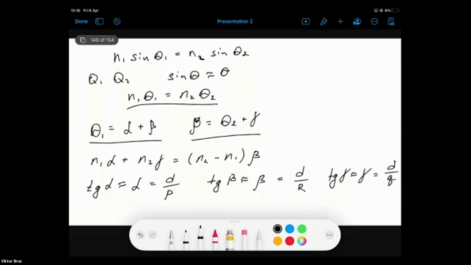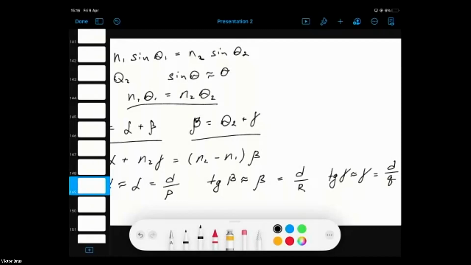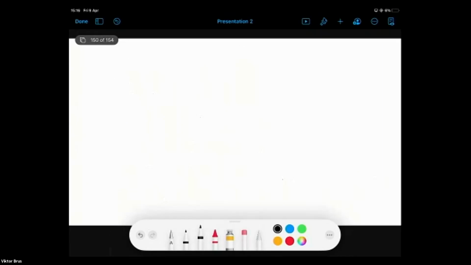Taking into account these equations, the previous formula can be rewritten in a different, more practical form, with which we are going to work during this lecture. So this is n1 divided by p, the distance from the object to the interface, plus n2 divided by q.